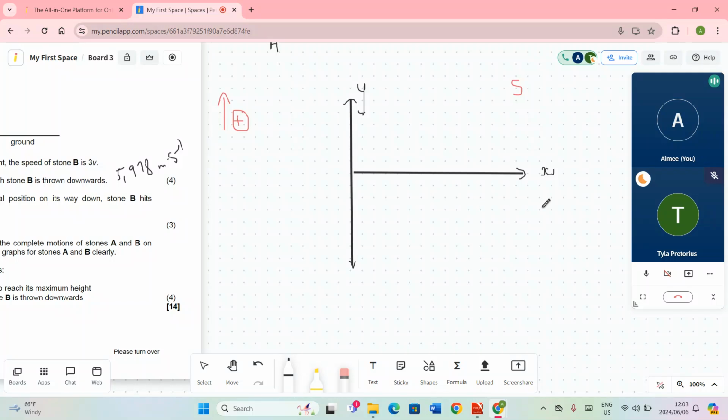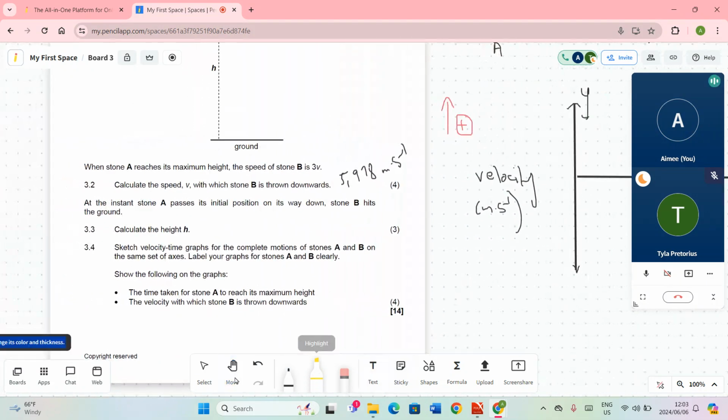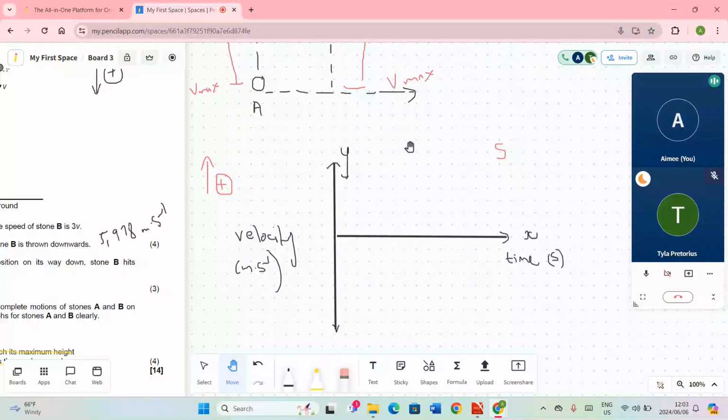It's a velocity time graph, which means on our x-axis we're putting time in seconds, and on our y-axis we're putting velocity in meters per second. They say that they want you to indicate on the graph the time taken for stone A to reach its maximum height and also the velocity with which stone B is thrown downwards.